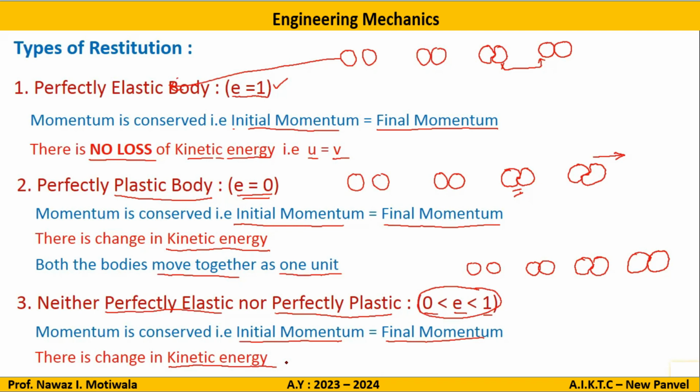And the third type is neither perfectly elastic nor perfectly plastic, wherein e is between 0 and 1, wherein the particles try to regain the original shape and size but cannot fully regain it.